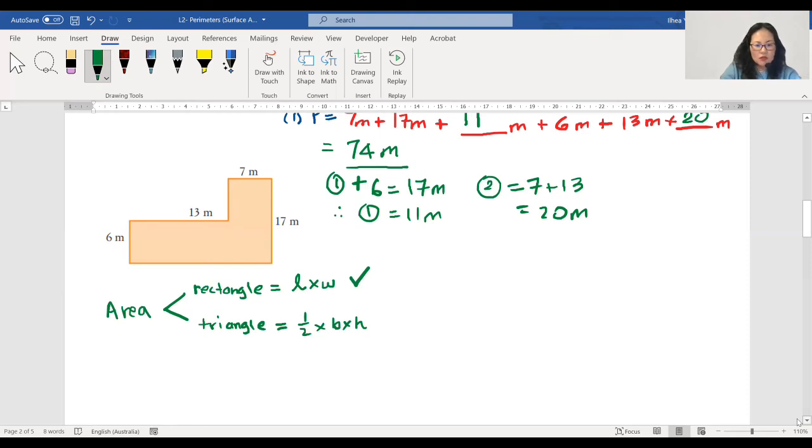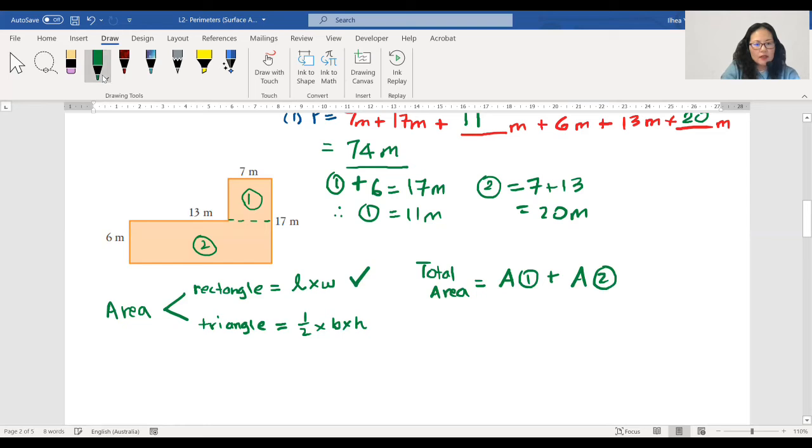So what I'm going to do is I'm going to make 2 rectangles here. So I've got 2 rectangles here, and if I can find the area 1 and then add the area 2, I will get the total area of the composite shape, right?